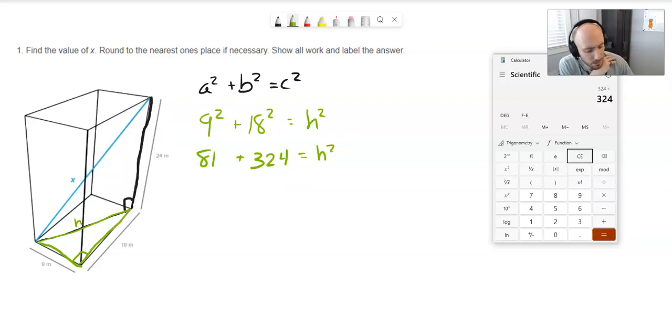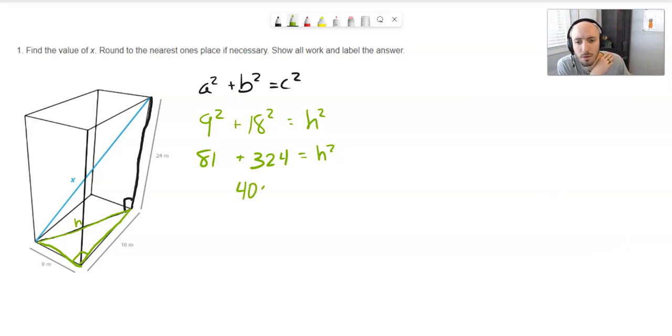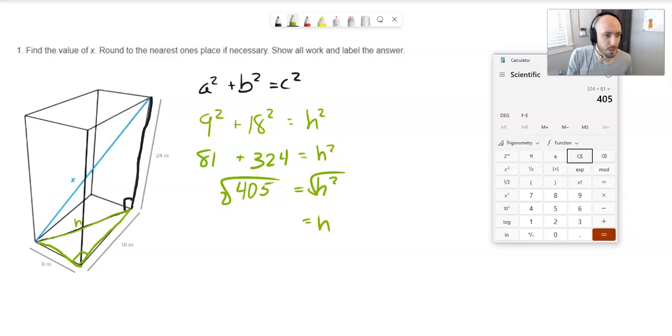So if I add those together, I get 405 equals h squared. And to find h, I just need to take the square root of both sides here. And so that gets me, if I take the square root, I get approximately 20.12 here.